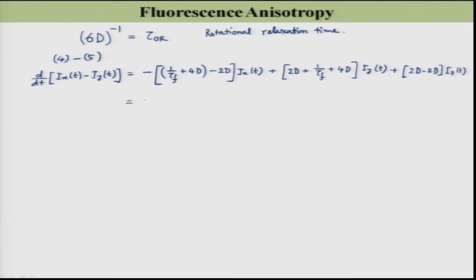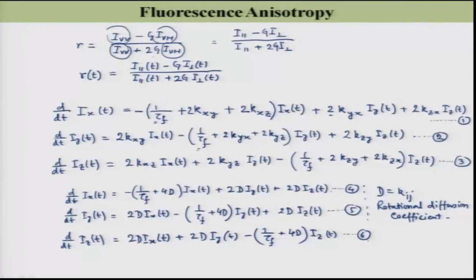So, if I do it, this will be equal to minus 1 over tau f plus 6d. So, there is some mistake, yeah, minus 1 over tau f minus 4d minus 2d.